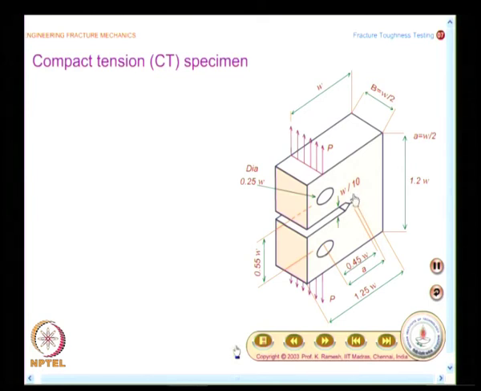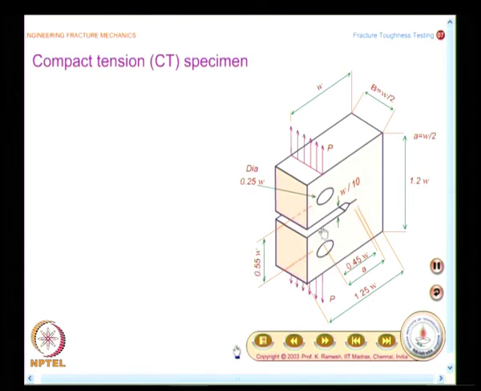For all the fracture toughness specimens, the length of the crack is around 0.5 W. We would see that as one of the conditions. So, you want the A by W ratio to be around 0.5, the crack sufficiently long.